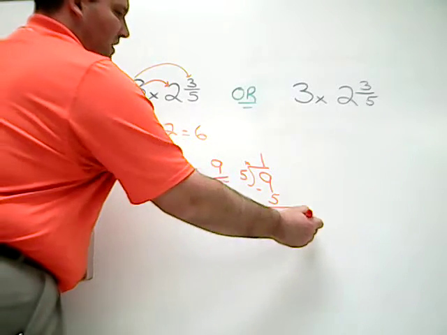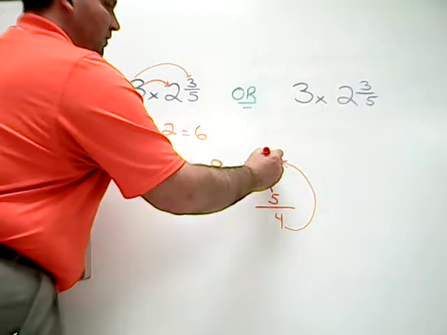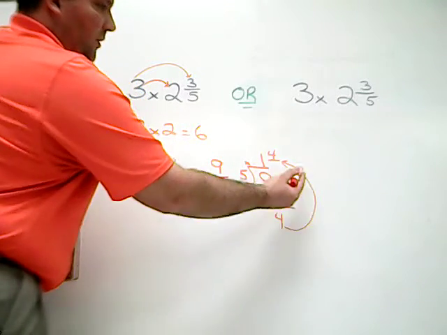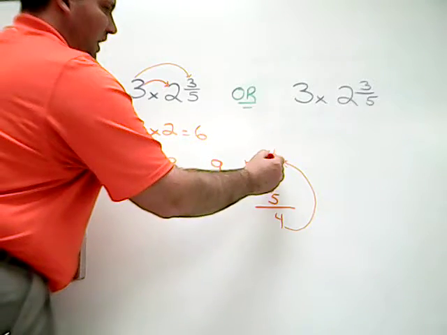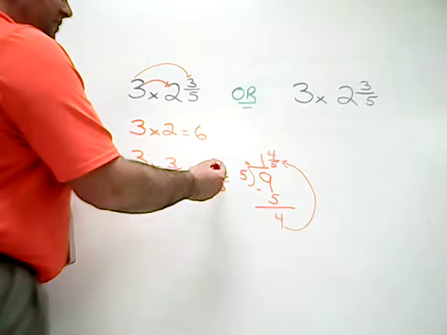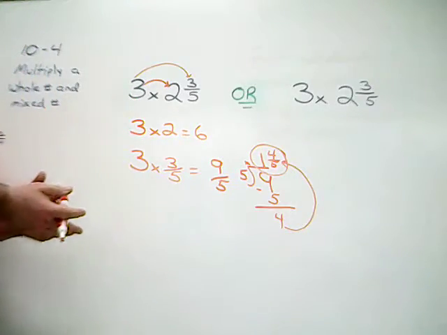My remainder here is going to come up top and become my new numerator. So my 4 goes up top and becomes my new numerator, and my denominator is going to stay as a 5. So 9/5 is really equivalent to 1 4/5.